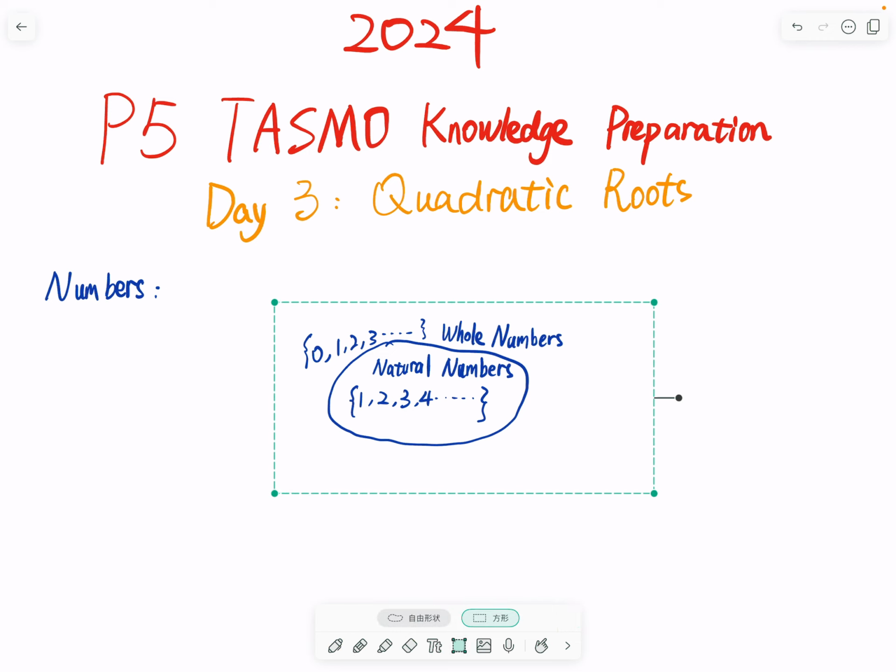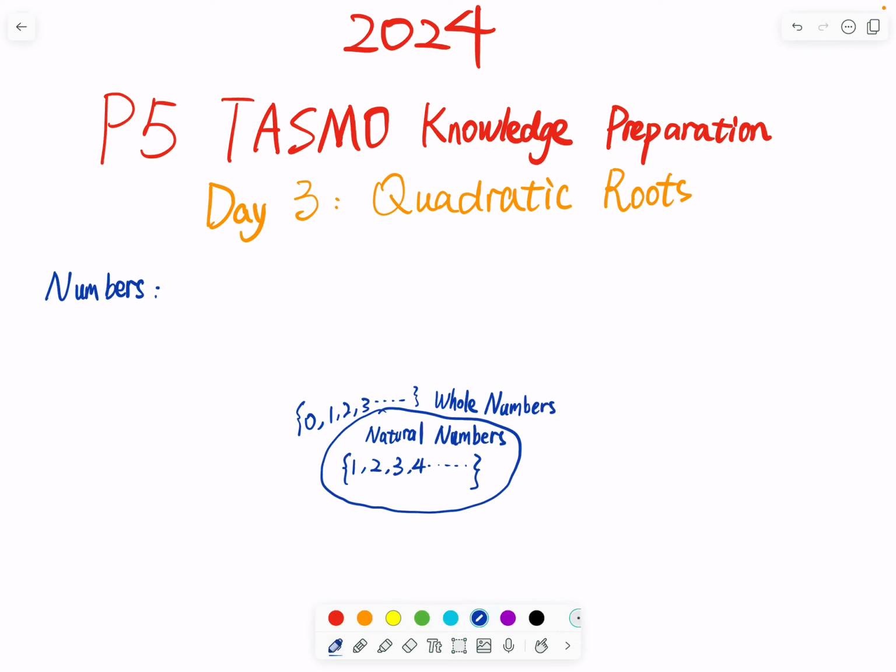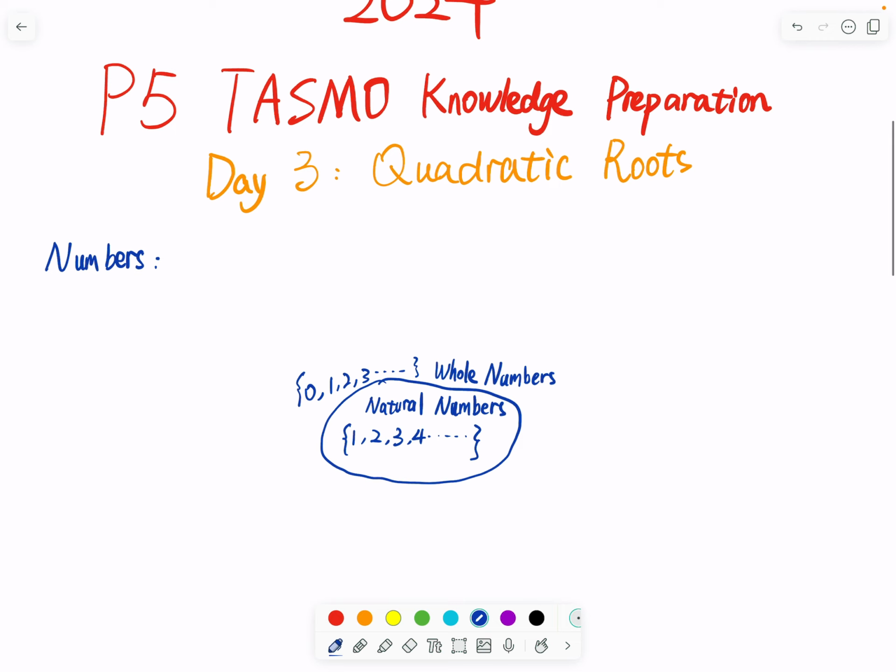But once you learn a lot of math, you suddenly find, how about some interesting things? Maybe we have the negative numbers. You learn something about the number line. Here is the 0 point. On the right of the number line, they are all positive numbers, and on the left of the number line, they are all negative numbers.